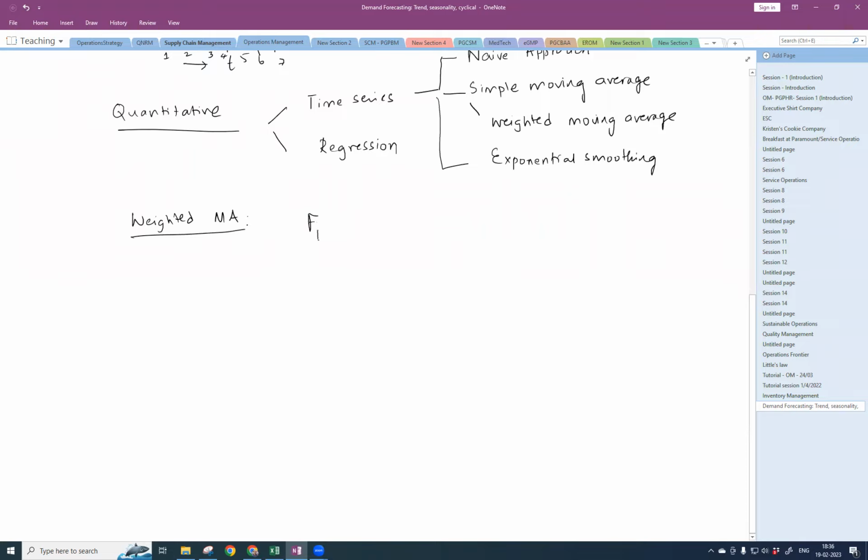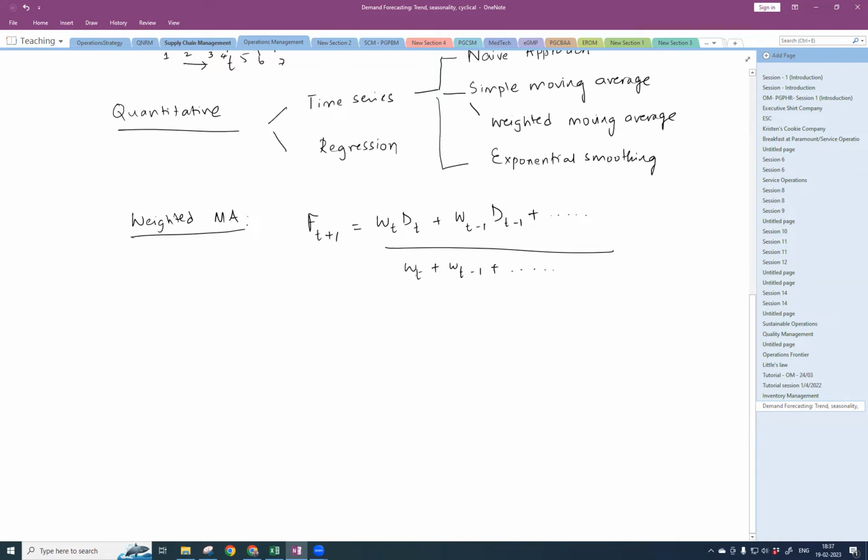We said that the forecast for the future is Wt dt plus Wt minus 1 dt minus 1 plus and so on, divided by Wt plus Wt minus 1 plus and so on. This is the difference between what we discussed in class and what is in your textbook. Both are more or less the same, but I'm explaining this so you understand how they converge to the same thing.